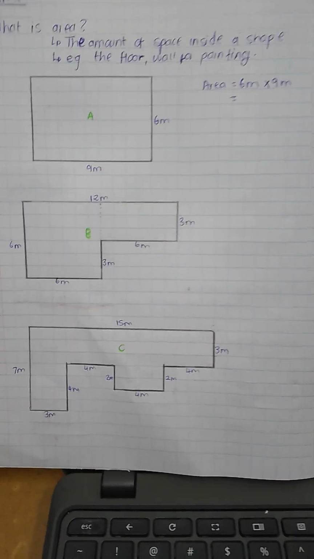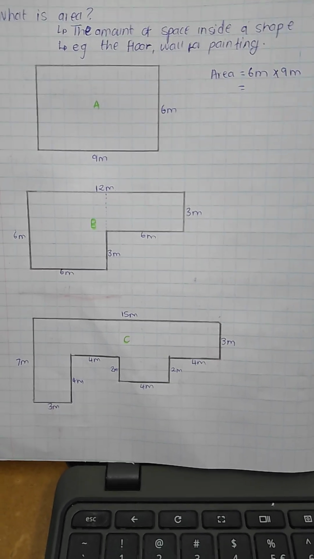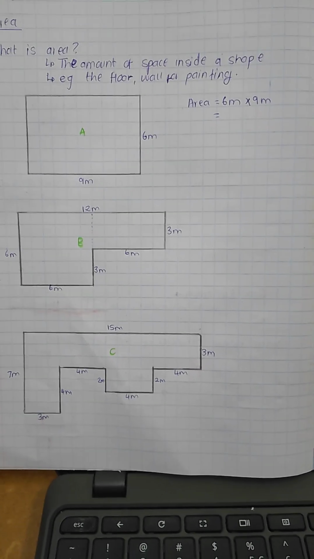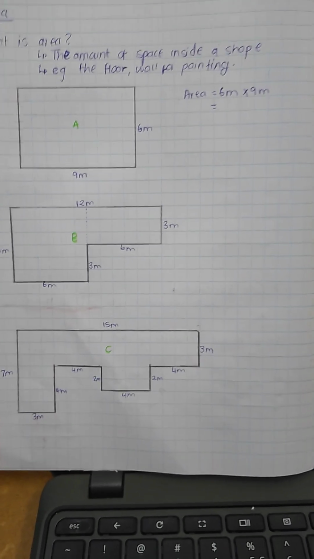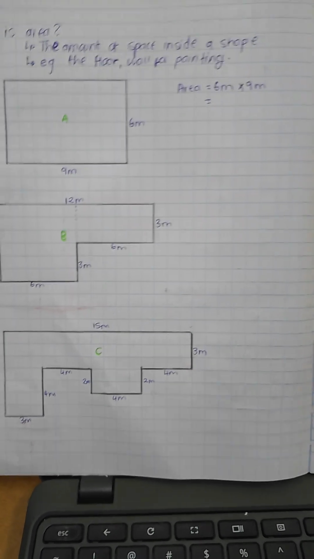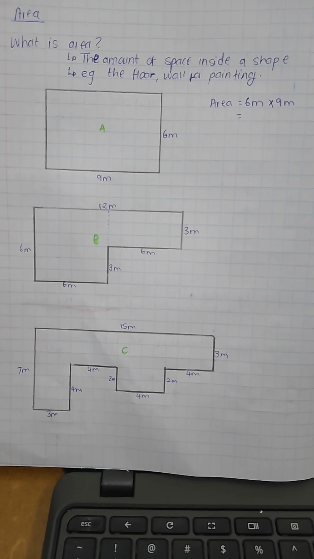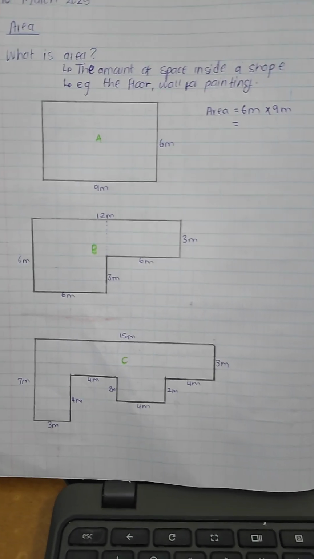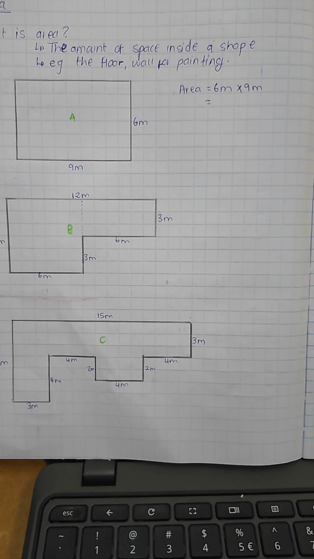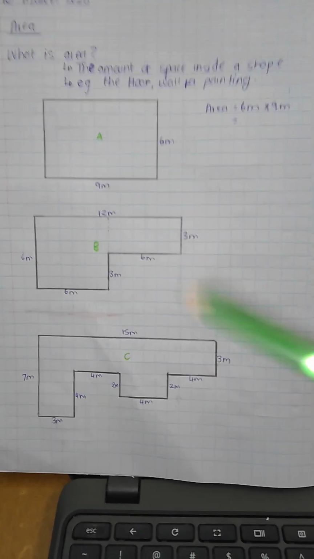Because they need to know this amount of space so that they can approximate how many tiles you are going to need, or also with your wall for painting. If the person who's painting your wall knows what they are doing, they are firstly going to measure the area they are going to paint, and then they can estimate the amount of paint that they are going to need for your house.